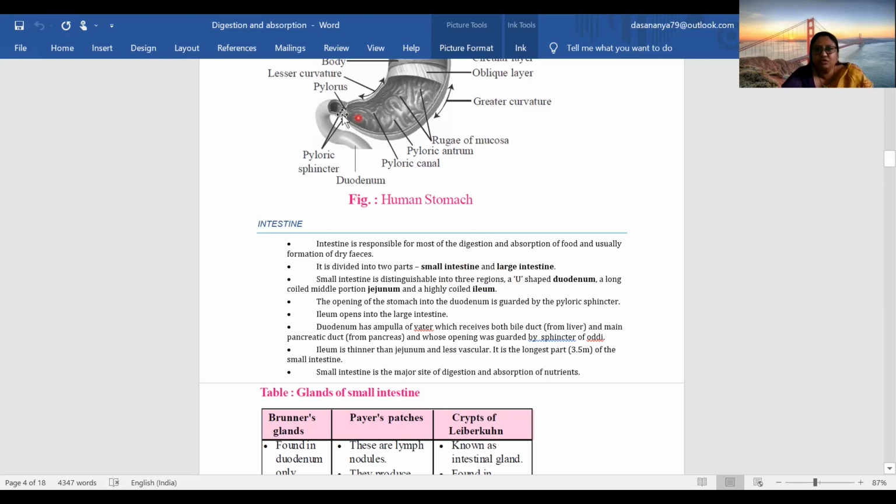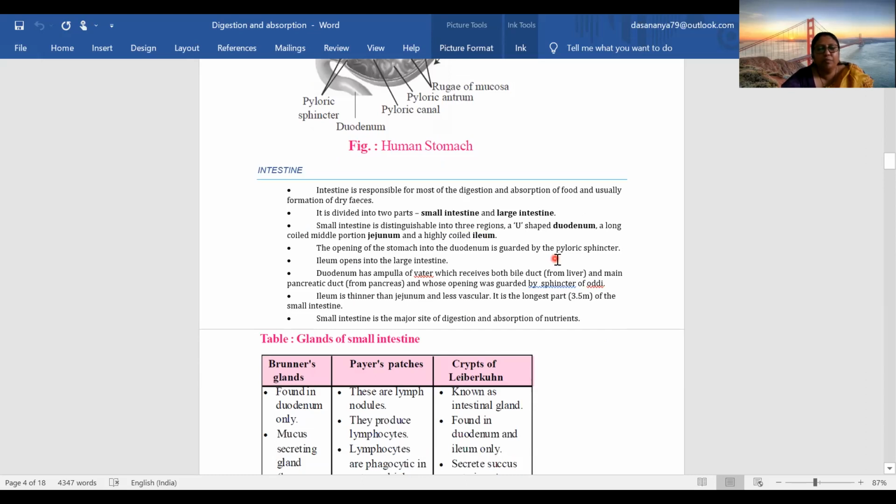It has this U-shaped part which is coming out of the stomach. It's called duodenum. Then a very highly coiled long part called jejunum and highly coiled ileum. The opening of the stomach and small intestine is guarded by this pyloric sphincter.